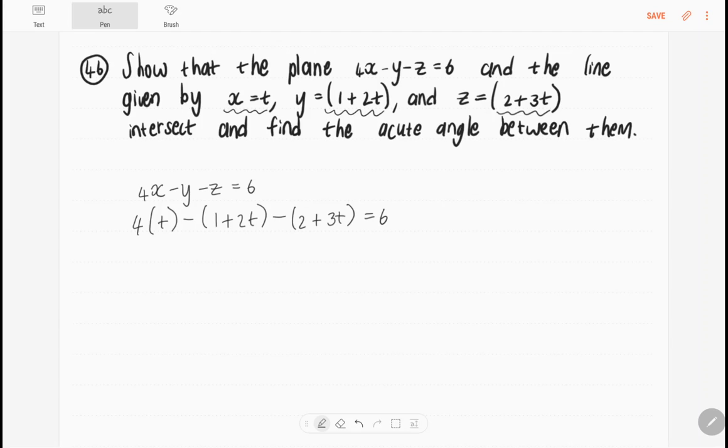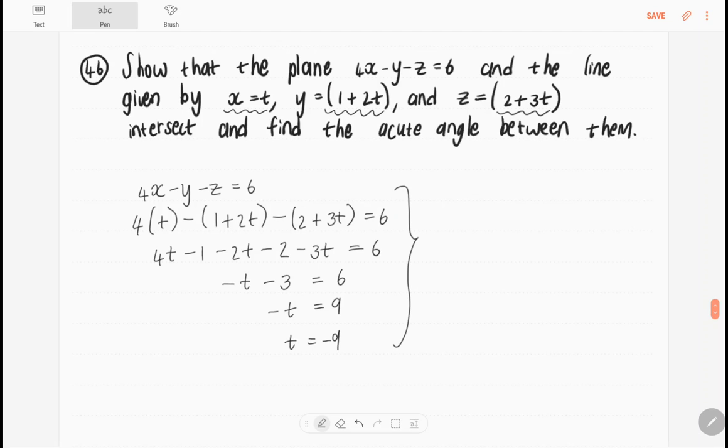So what I get then is 4t minus 1 minus 2t minus 2 minus 3t equals 6. So I'm going to have 4t minus 2t minus 3t, so that's minus t, minus 3 equals 6. So that means minus t equals 9. So that means that t equals minus 9.